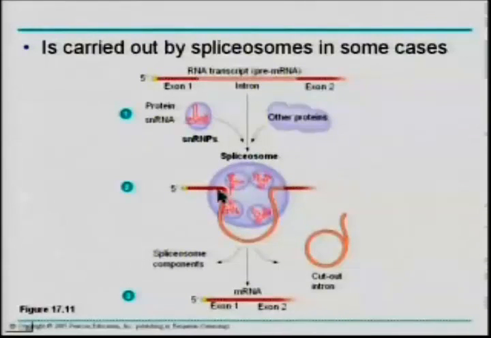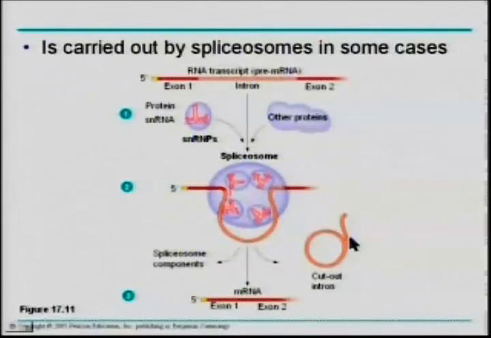You can see these sites of interaction between the snRNPs and the intron, and then there is a break in the RNA at the junction of intron and exons, and then the two blunt ends of the exons will be ligated together, and of course the spliceosome components will then be freed up.